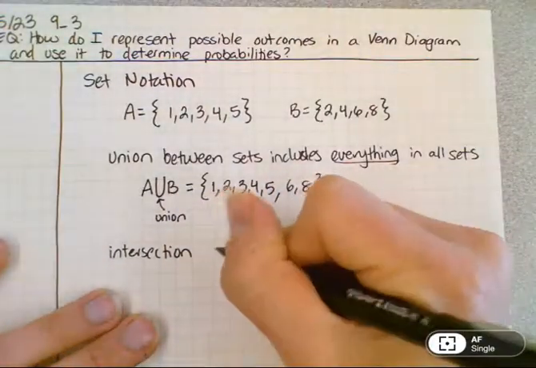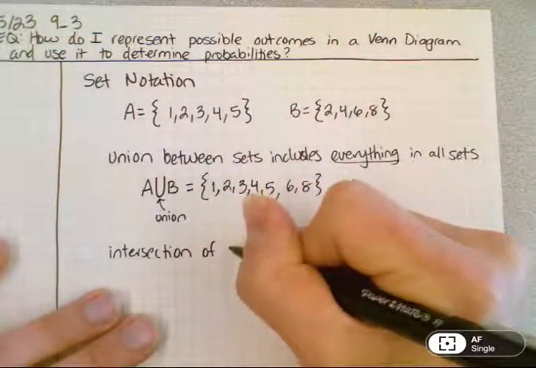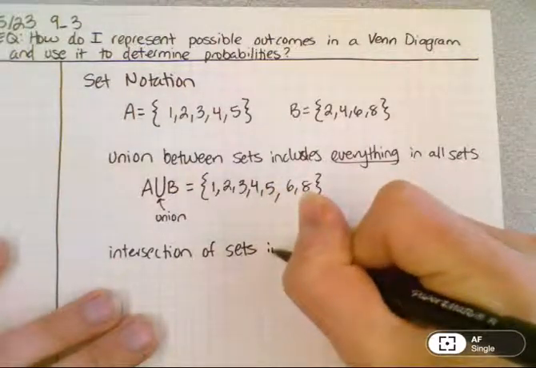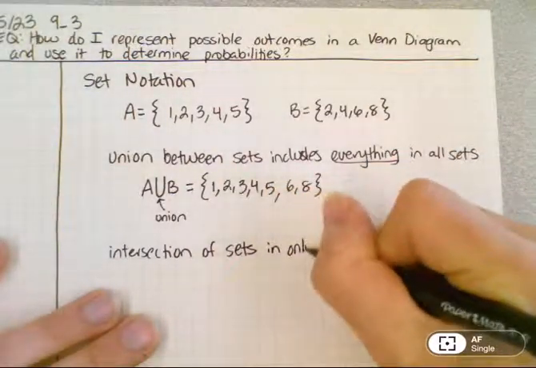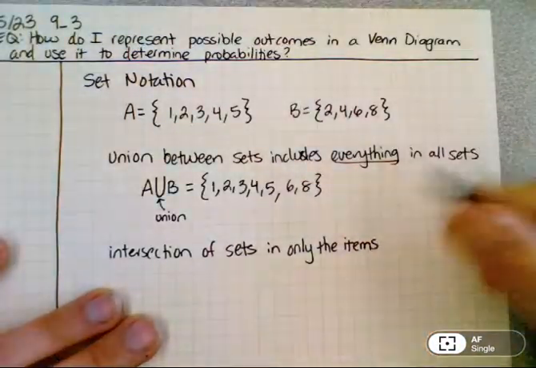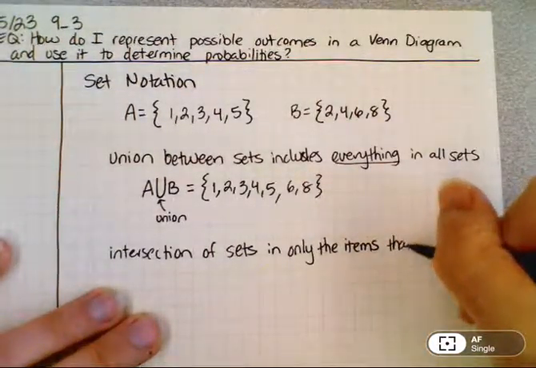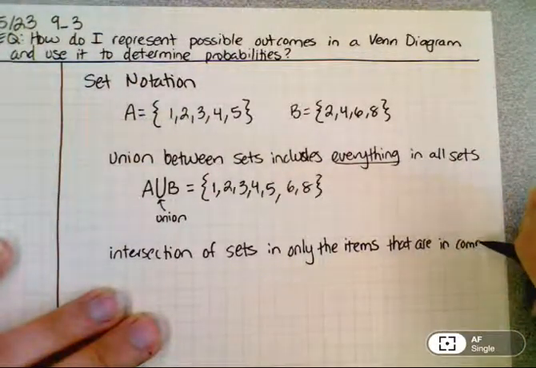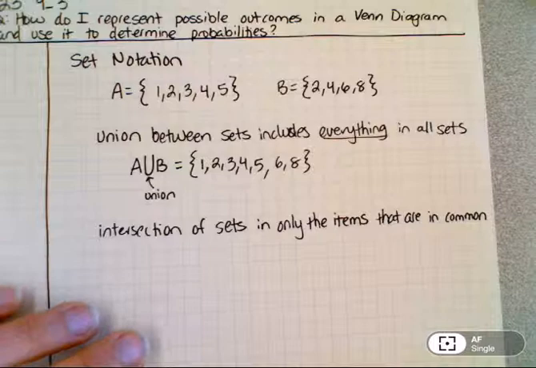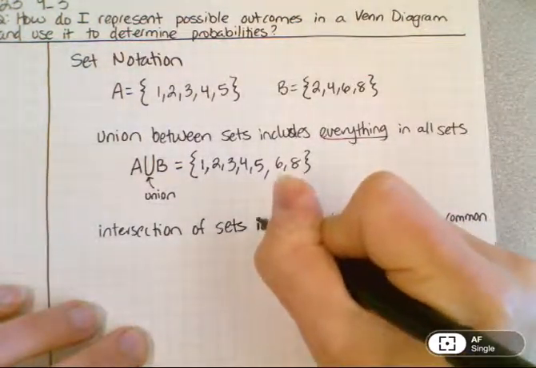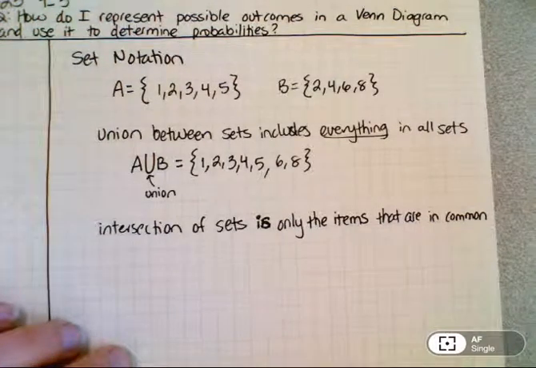Okay. The intersection of two sets is only the items that are in common.